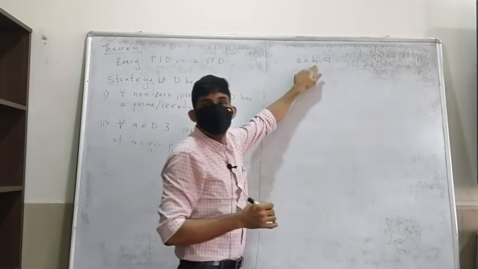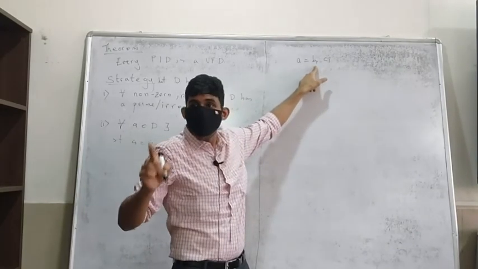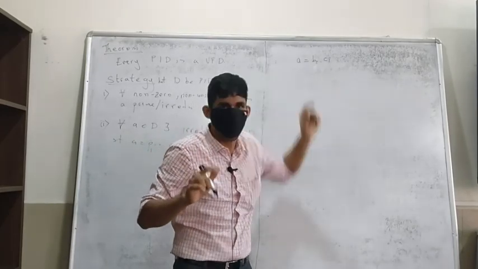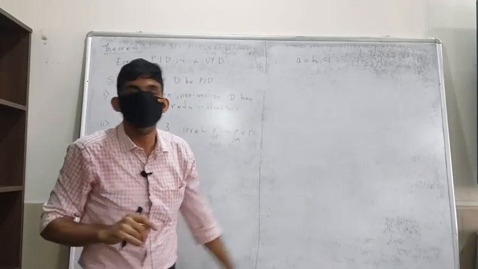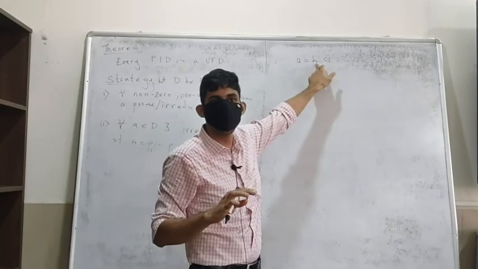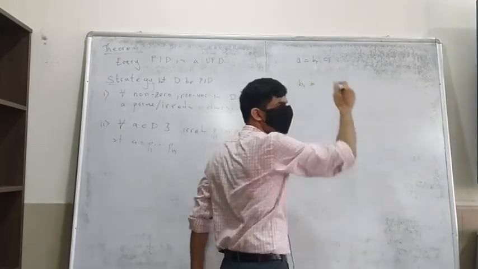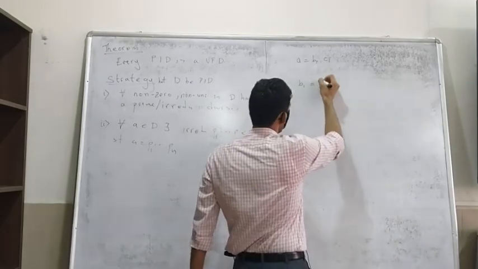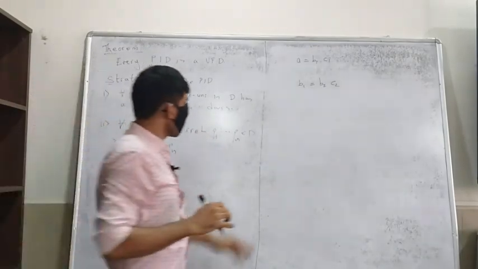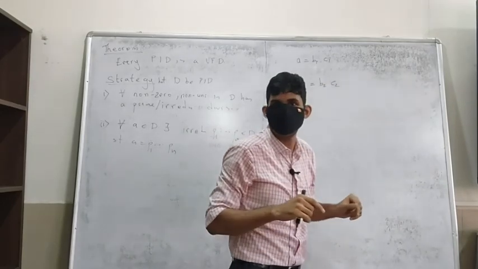Now notice again, B1 is a non-unit. So B1 is not an irreducible. Why is B1 not an irreducible? Because A has no irreducible divisors. So therefore B1 is not an irreducible. Since B1 is not an irreducible, I can write B1 as a product of two non-units B2 into C2. So notice again that B2 cannot be an irreducible.